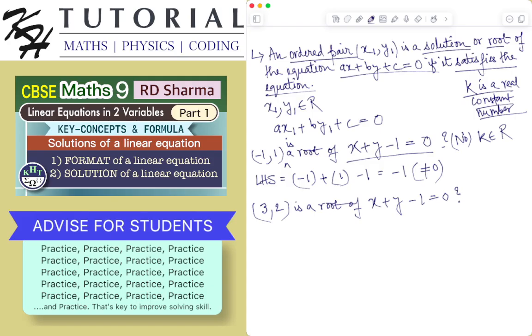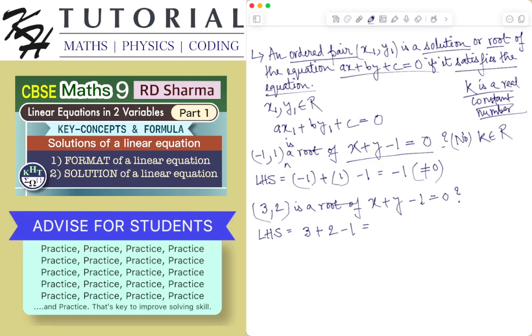How will I investigate? I will find the value of the LHS of the given linear equation in the standard form by substituting 3 for x and 2 for y. So this is 3 plus 2 minus 1, which is equal to... I think I did something wrong.